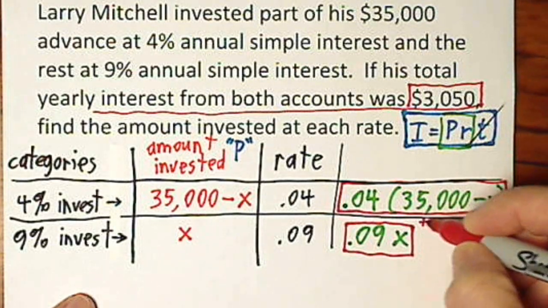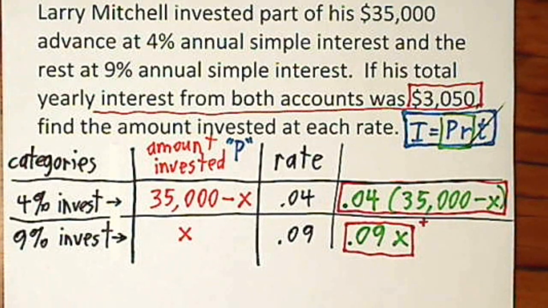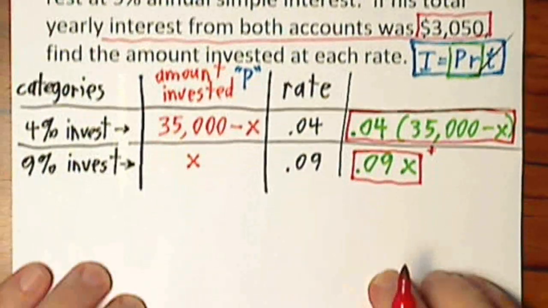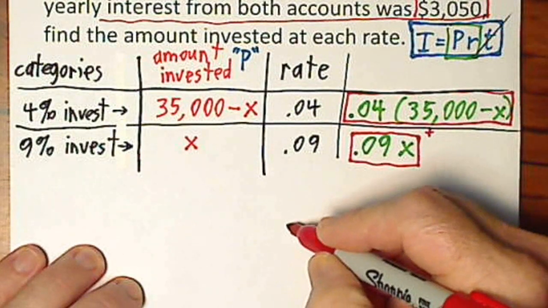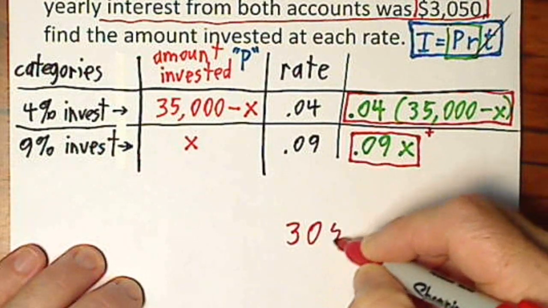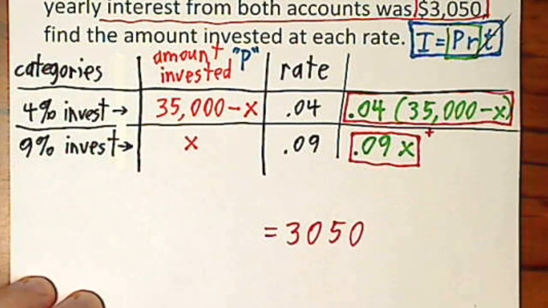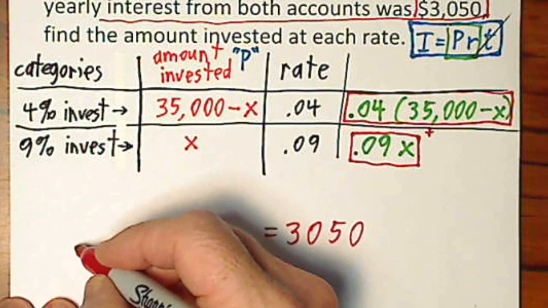If I add these two, I'm supposed to get $3,050, and that's how we'll write our algebraic equation. Okay? I have to slide this up now. A lot to write. Keep on the same line.